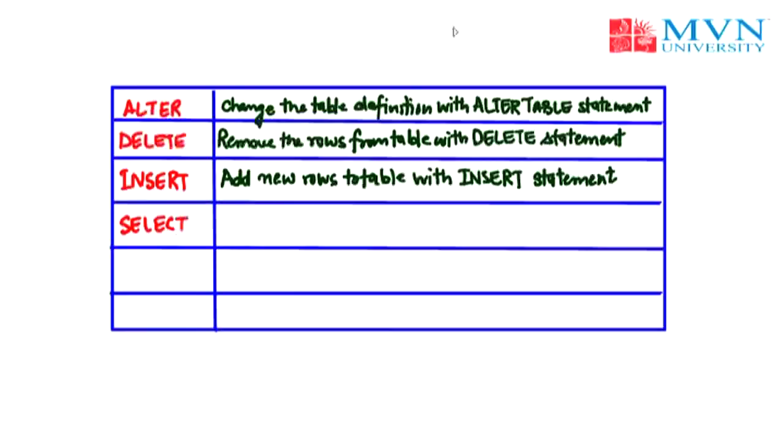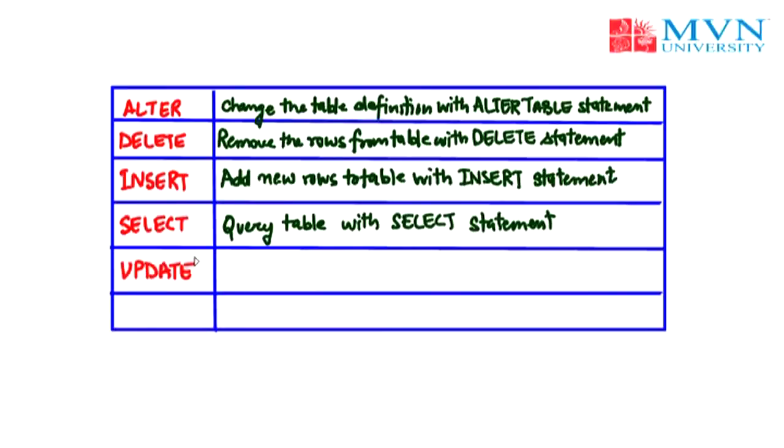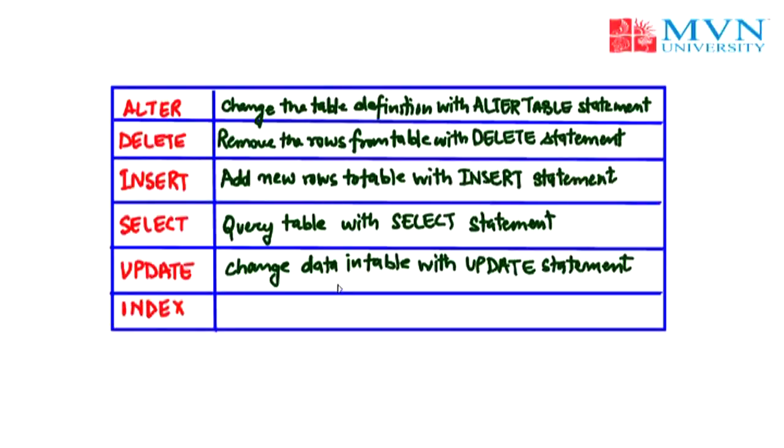It is used to query the table with select statement. The next is update, and with this you can change the data in the table with update statement. And the last one is index. This index privilege creates an index on table with create index statement.